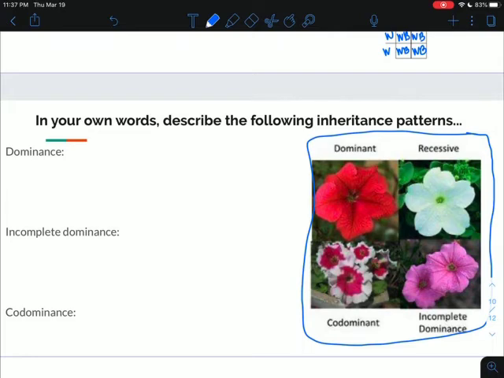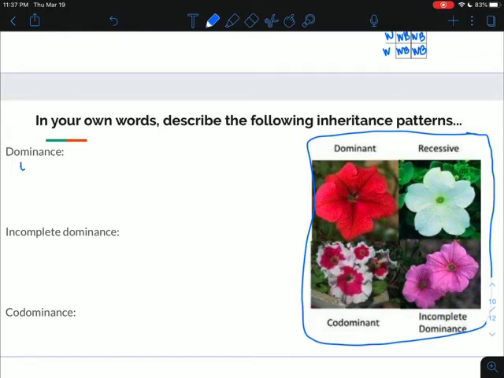All right, so in your own words, you're going to describe the following, and I'm going to give you what my definition would be in my own words. But again, as long as you have something similar that means the same thing, whatever you write down is completely fine with me.